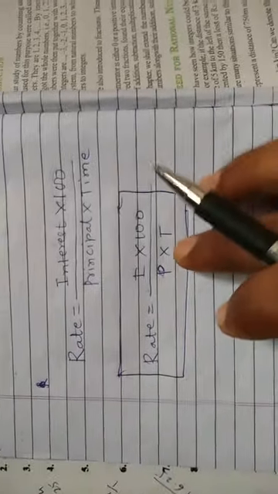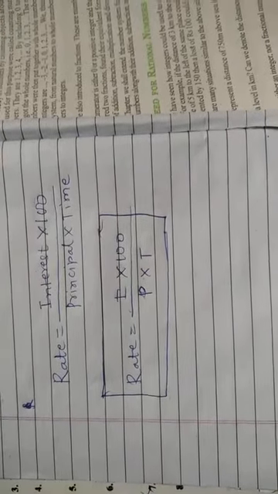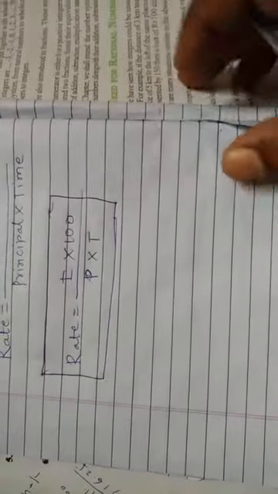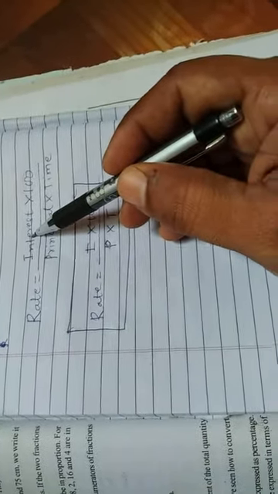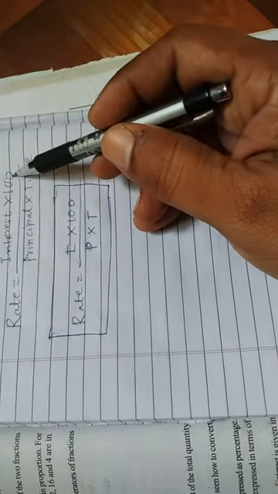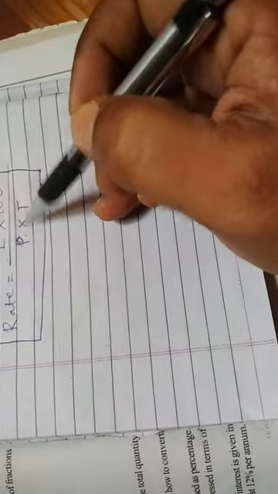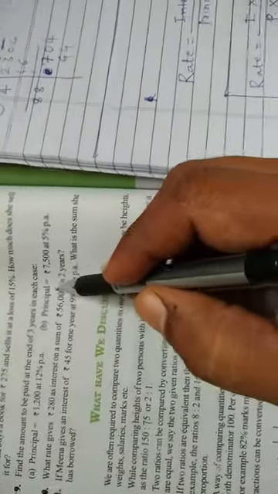I already explained this formula in a previous video. Understood, students? So what we have to fill in this formula, all of you see here. Here we have to put interest as 280, and principal 56,000, and T is 2 years.